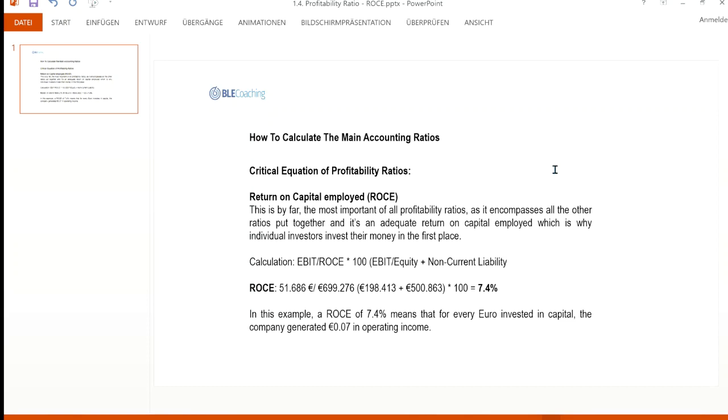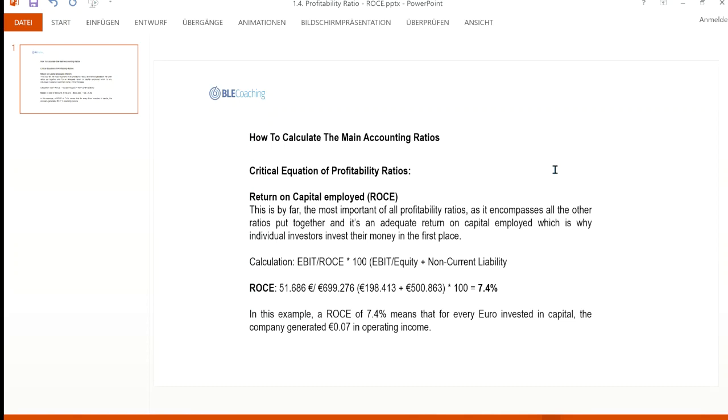So to calculate it, you take EBIT, divide by capital employed, multiply by 100. So I've put the equation there, and return on capital employed, based on the financial statement from before, is 51,686 divided by 699,276 multiplied by 100 to give you 7.4%.